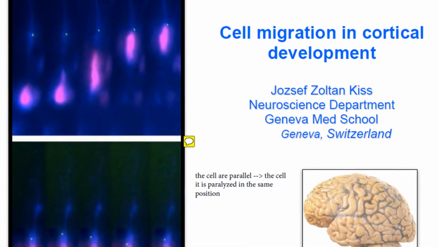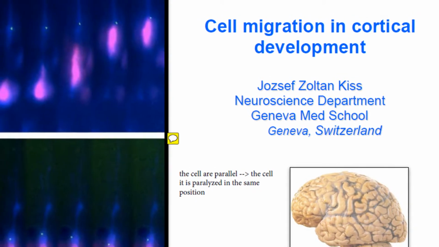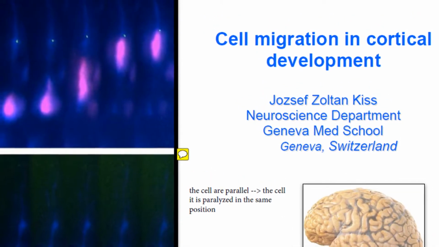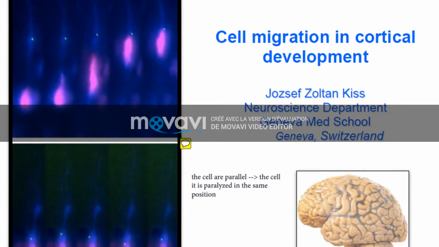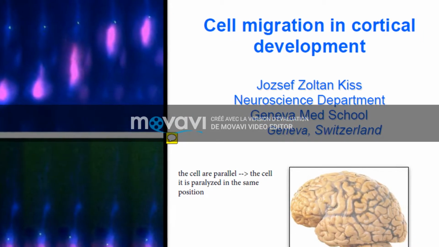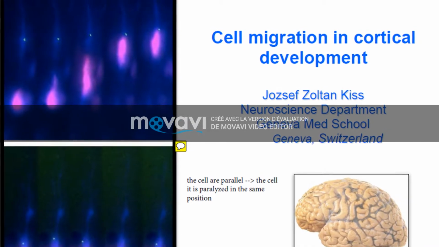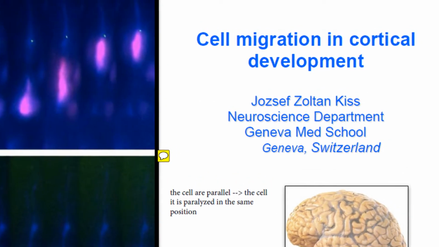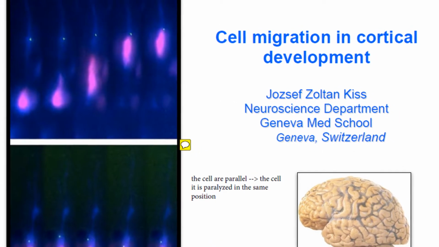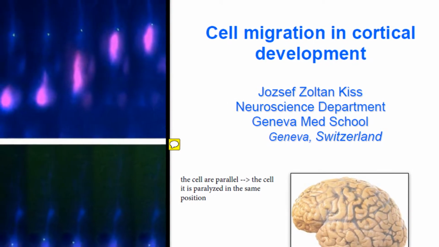Okay? So now you understand why we do need the Cajal-Retzius cells, why we do need the radial glia producing new neurons and guiding the migration. Very good. So more or less, this was the story of pyramidal cells.